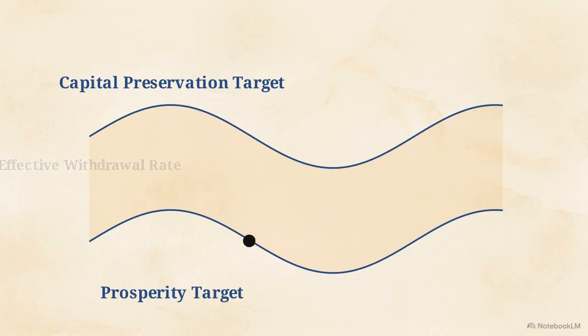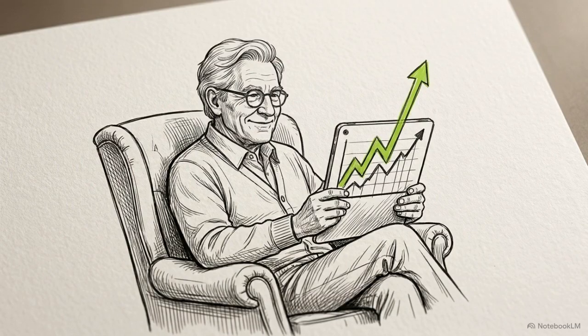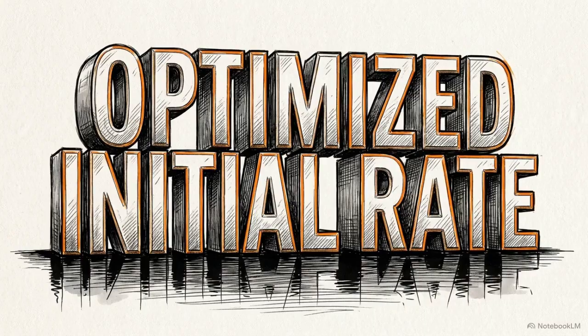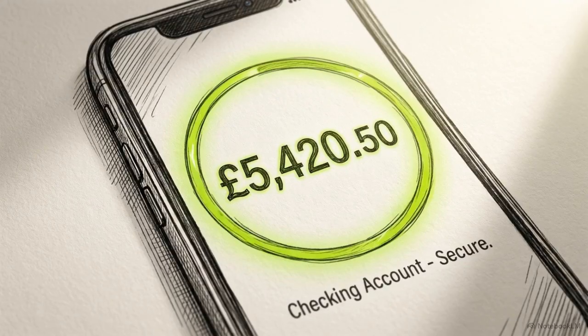They dictate exactly when the market has grown enough to give yourself a raise and exactly when it has dropped enough to require a temporary spending cut. Because you agree to make these minor, data-driven adjustments based on actual market performance, the math shifts in your favor. This system allows you to safely start your retirement with a significantly higher initial withdrawal rate, often around 5 to 5.5%, without increasing your risk of running out of money.